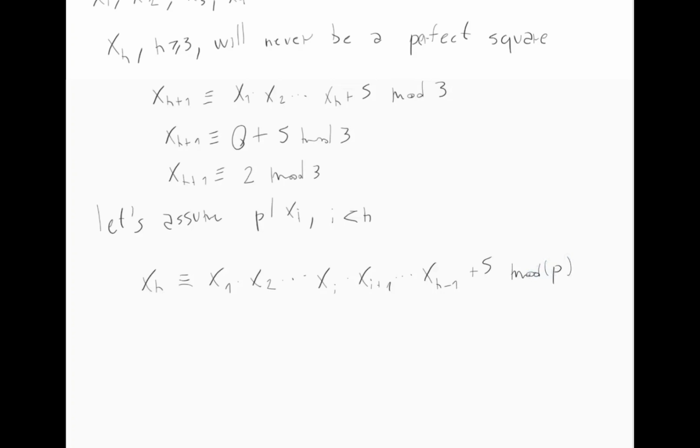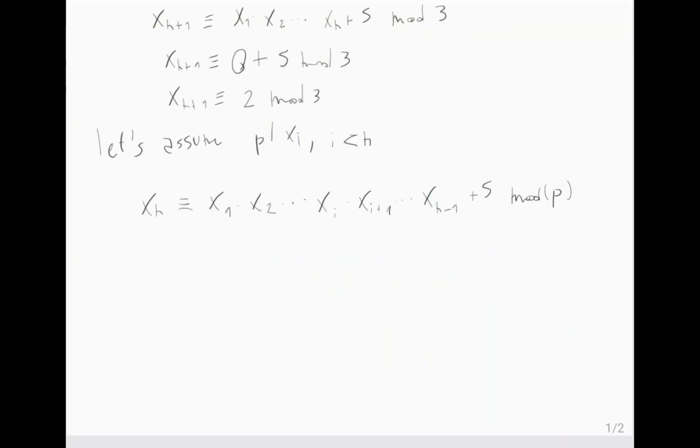Now p divides xi, so everything right here is congruent to 0 mod p, and so this cancels out, and so xn is congruent to 5 mod p.